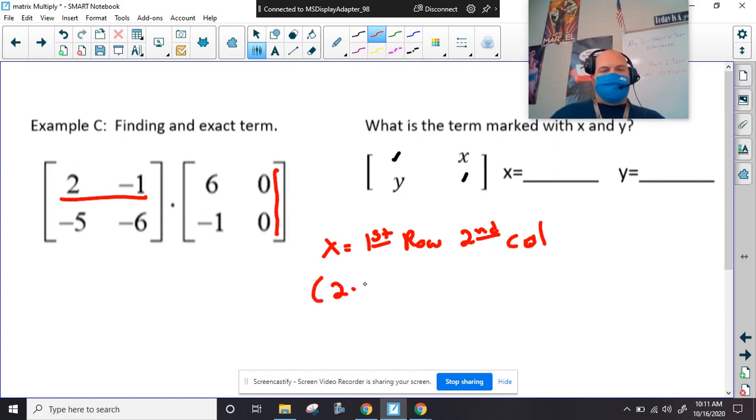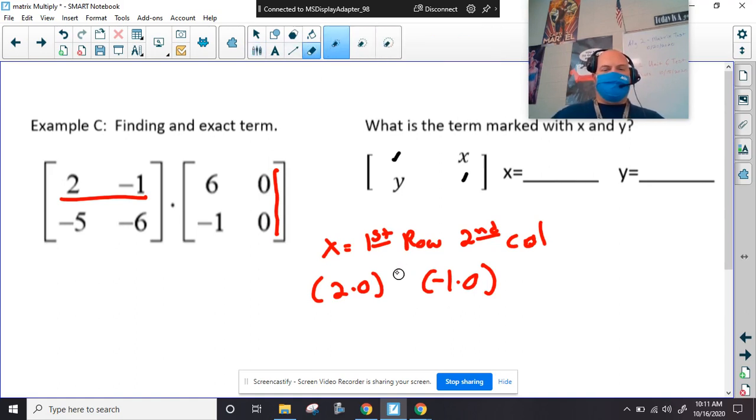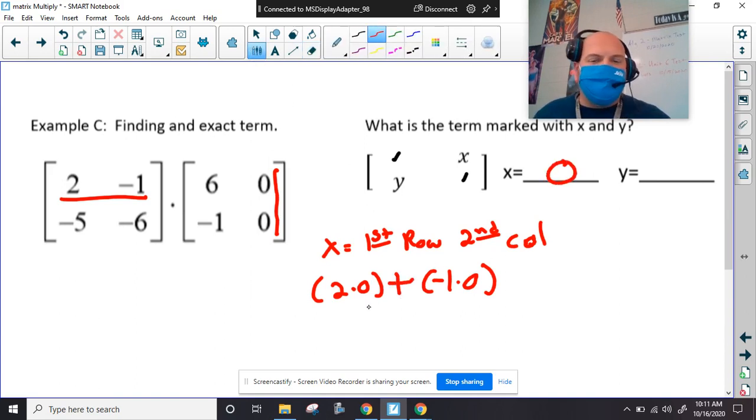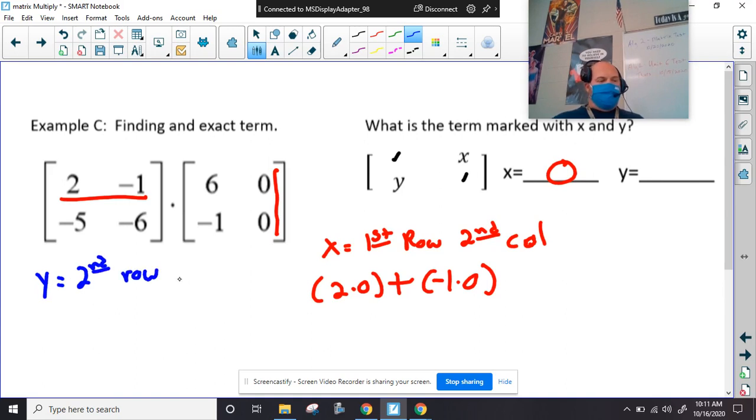So that's 2 times 0 plus -1 times 0. Well, what does that end up being? It is going to be 0 because 2 times 0 is 0, and -1 plus 0 is also 0. Now for Y, this is in the second row, first column.